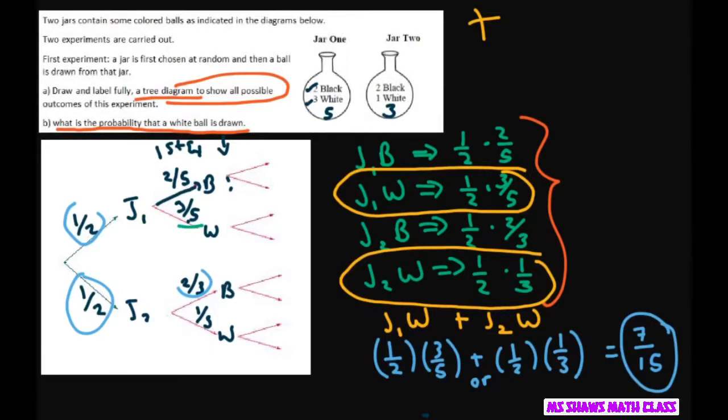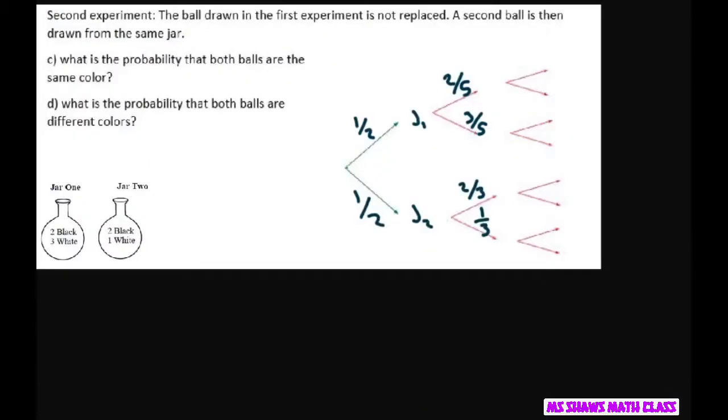So let's go to the second experiment. So the second experiment, we have this out. Again, this is jar 1. This is black, white, black, white. All right. So now it's saying the second experiment, the ball drawn in the first experiment is not replaced.